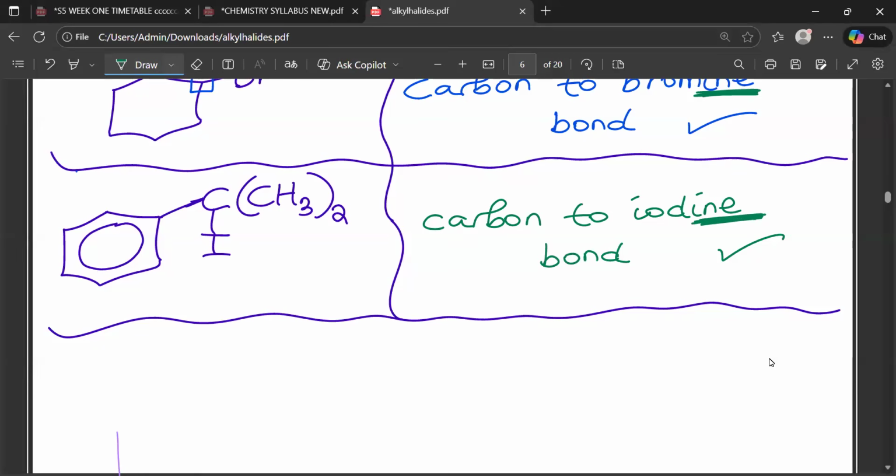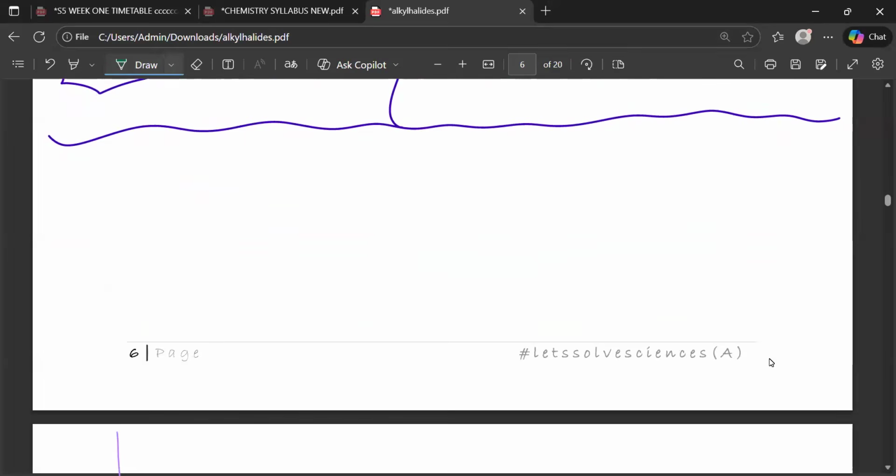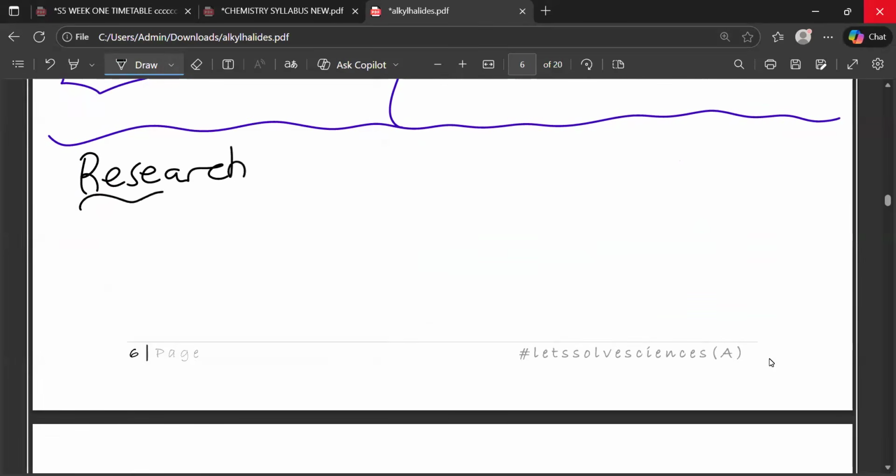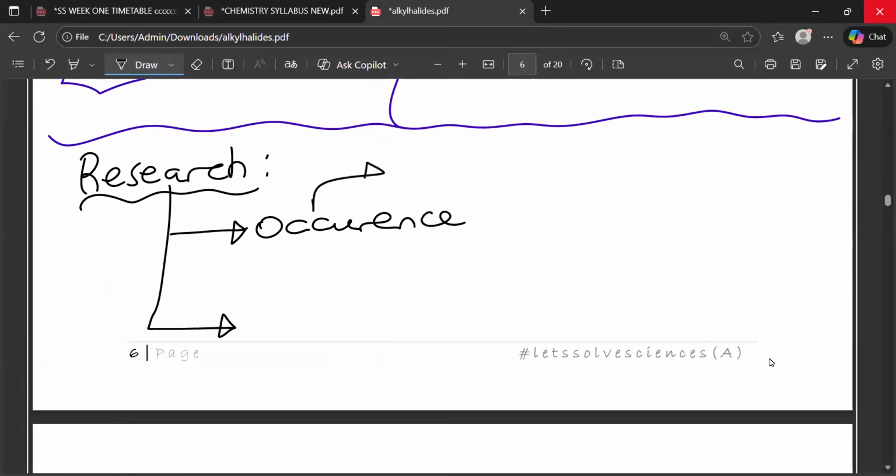Very important. Now, as usual, you all know that I always give you some research work immediately after we talk about this. And what is always that research work? It is about the occurrence and sources. When I say occurrence, I mean their occurrence in nature.